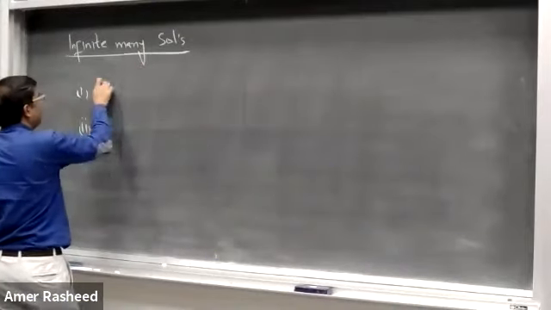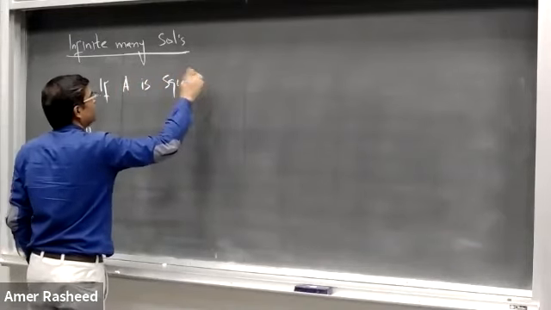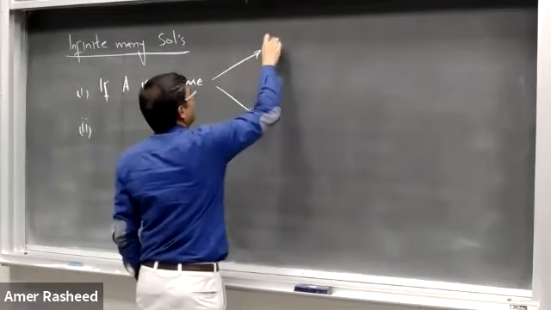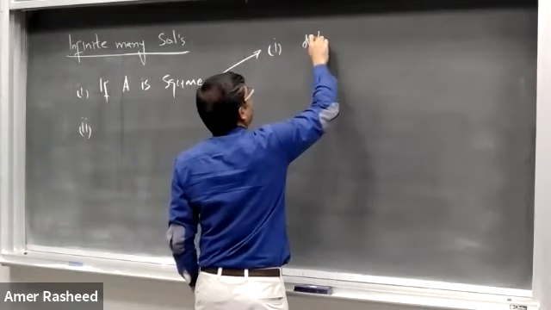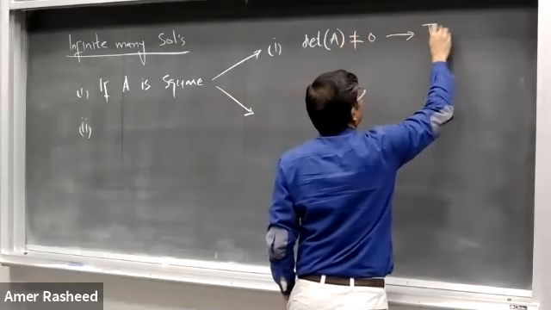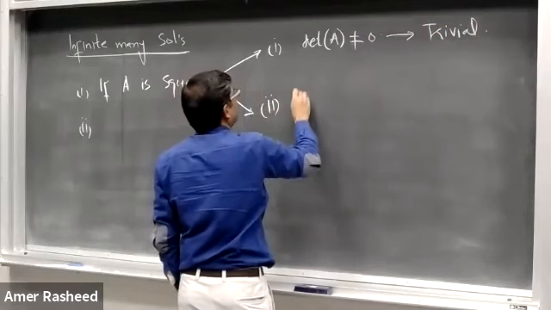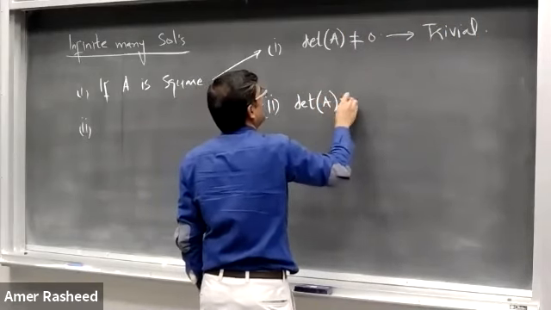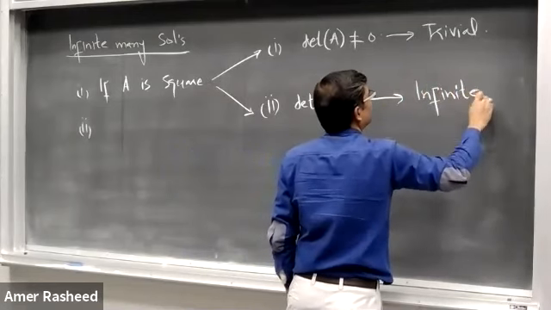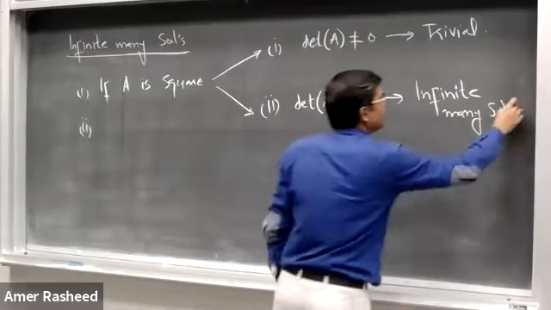If the coefficient matrix A is a square matrix, then there are two possibilities from here. First, the determinant of A is not 0, and we go to the trivial solution. The second possibility is that the determinant of A is 0, and we go to infinitely many solutions.